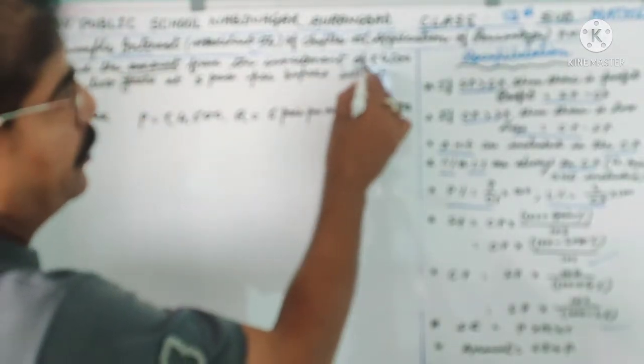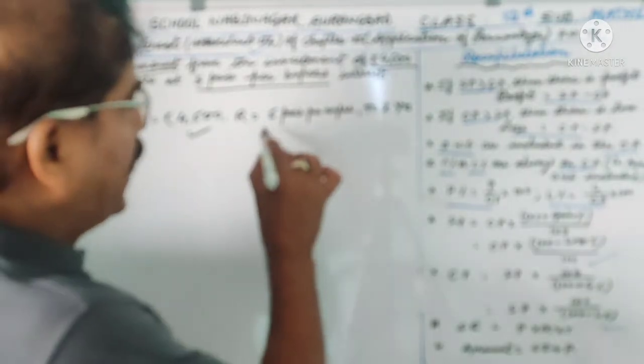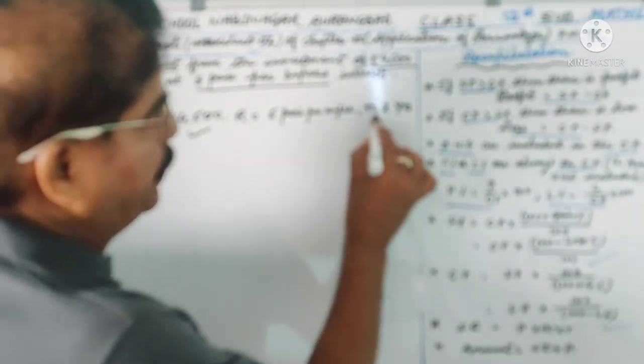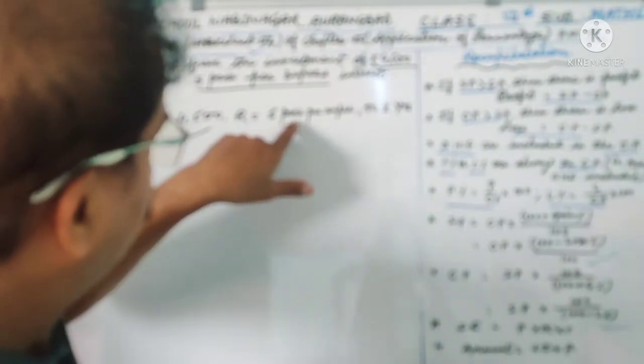Question 2 is: find the amount from the investment of rupees 4,500 for 2 years at 5 paise per rupee interest. Dear students, given P equals 4,500, R equals 5 paise per rupee and T equals 2 years, but the rate of interest is not given in percentage.